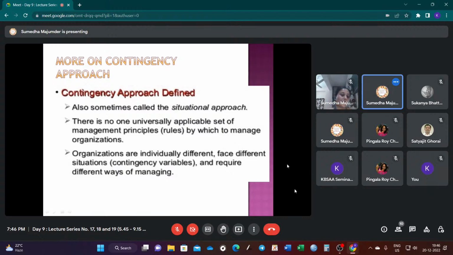Traditionally we sometimes mention that universal rules and regulations are followed, but the contingency approach differs from that traditional thought of management. If the situation demands changes, then we have to modify and adapt. Otherwise it is not possible for any business to sustain in the changed situation.